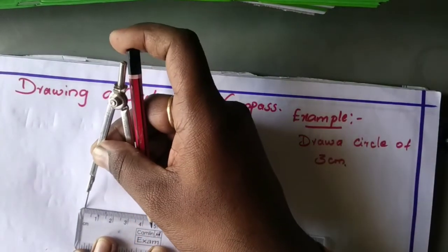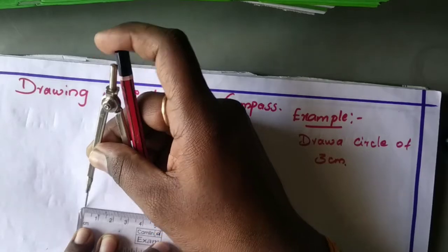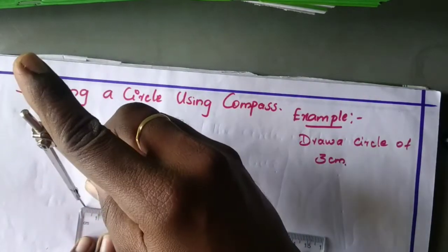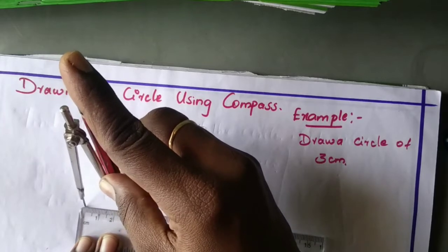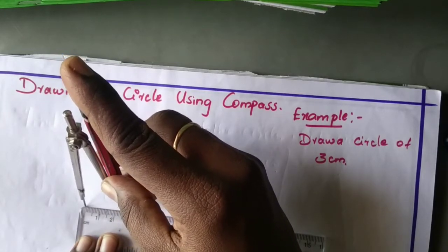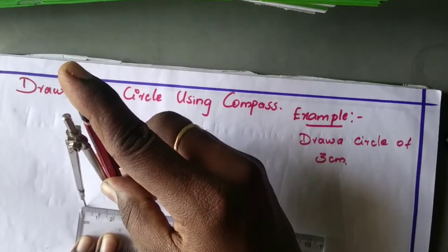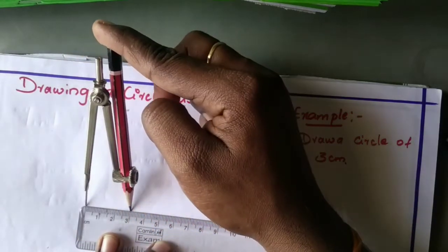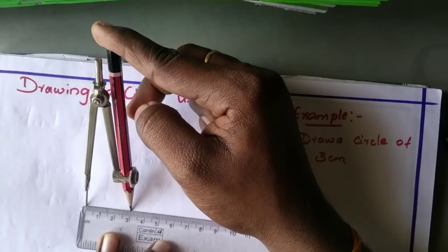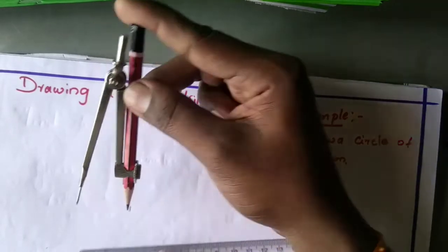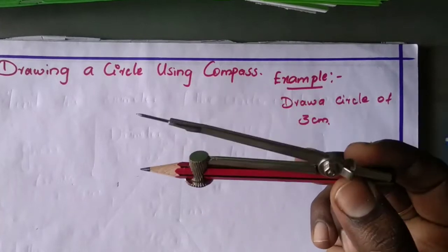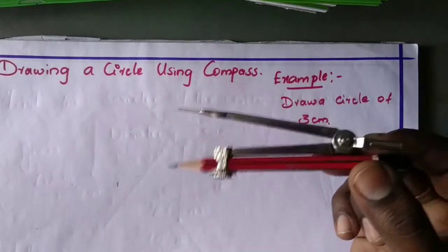In my scale it's shown in centimeters. Take exactly 3, then only you get the exact radius. Are you clear? Now take the scale. Our measurement is set, so don't change this measurement in between.